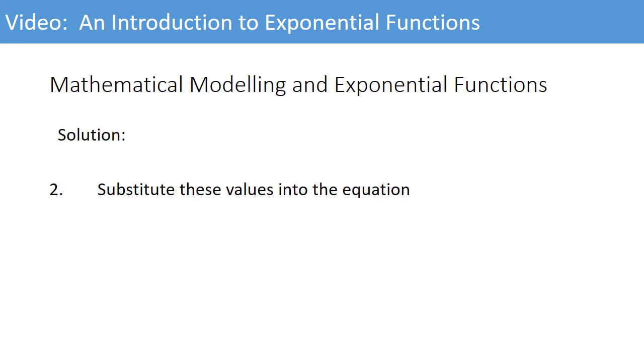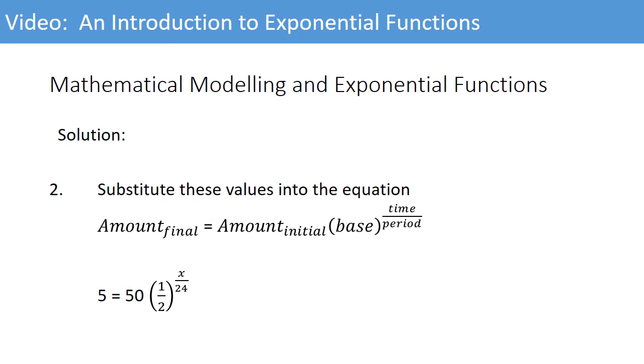Substituting these values into the equation, amount final is equal to amount initial times base to the exponent time divided by period, we see that 5 is equal to 50 times 1/2 to the exponent x divided by 24.